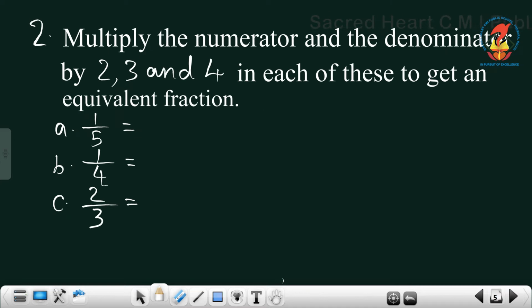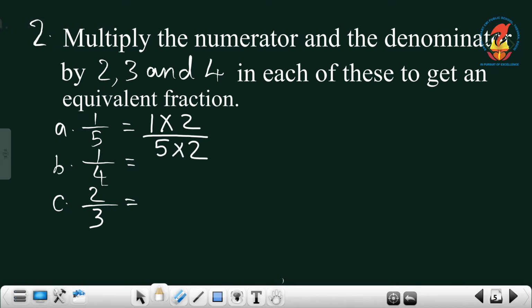Okay. Next one, multiply the numerator and denominator by 2, 3 and 4. The last one we multiplied by only 3, but here we need to multiply by 2, 3, 4 for getting the equivalent fractions. First we multiply by 2: 1 into 2 divided by 5 into 2.